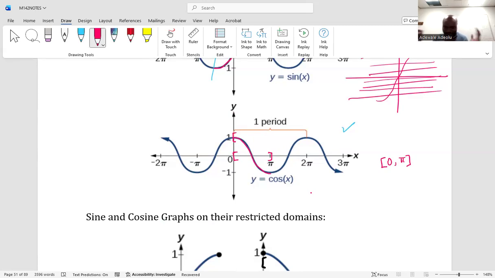Again, we can see, is this one-to-one? Yes, this is now one-to-one. It passes the horizontal line test on that restricted domain. So we can study the inverse of our trig function in that domain.